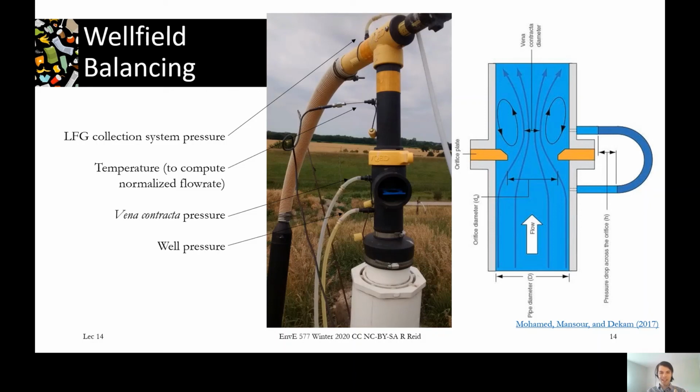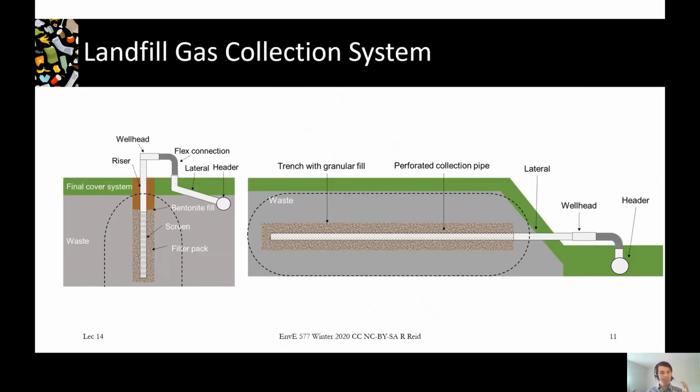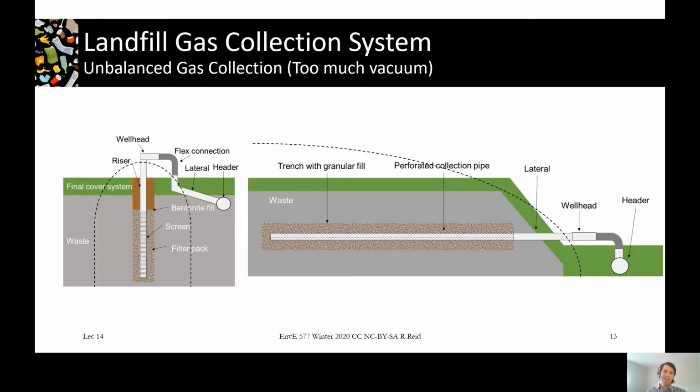This is just an example of the wellhead on top of those wells, and they're equipped with different devices for measuring and adjusting the flow. And visiting the wells on a regular basis and adjusting the flow based on the gas quality is important for making sure that the landfill is capturing as much gas as possible without drawing air into the landfill.